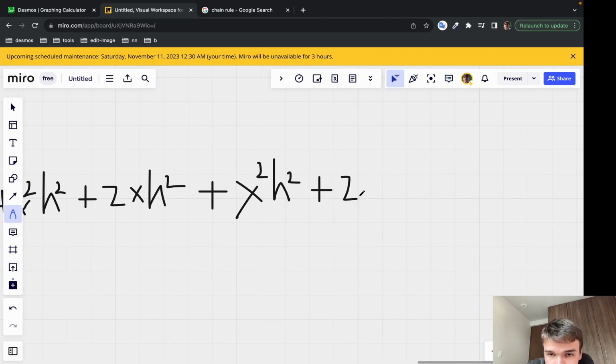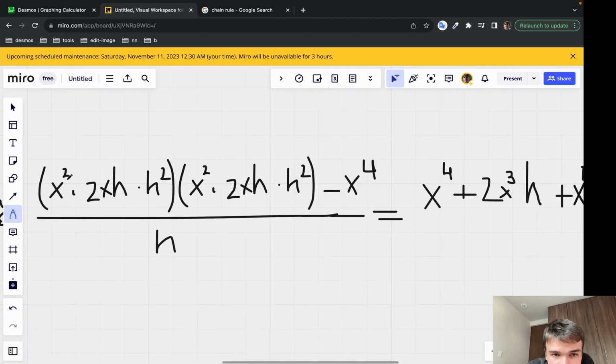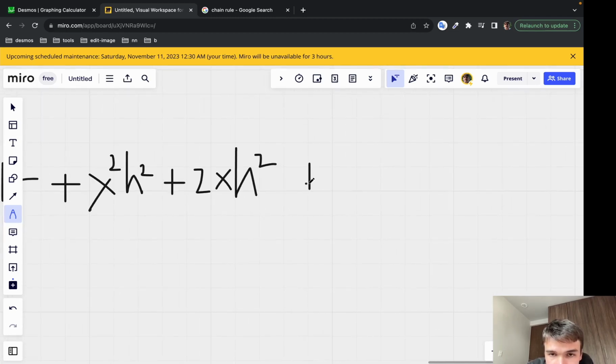So plus 2xh squared. Okay, now we got there. And at the end is going to be h to the power of 4. So plus h to the power of 4 and then minus x to the fourth, which was outside the brackets.